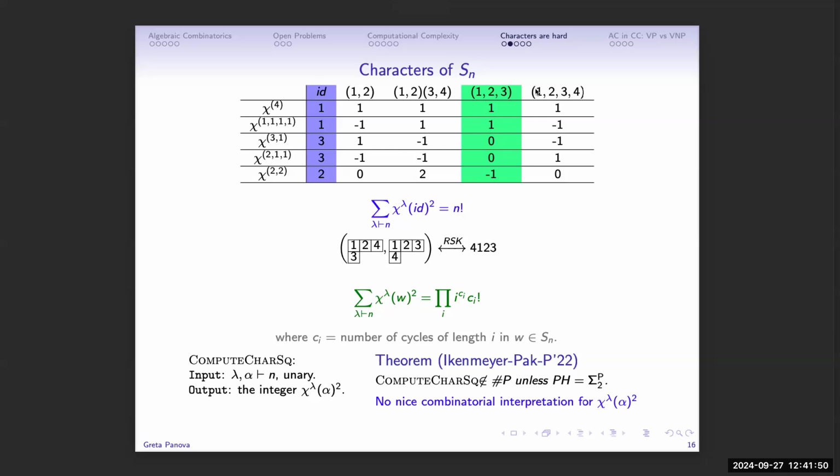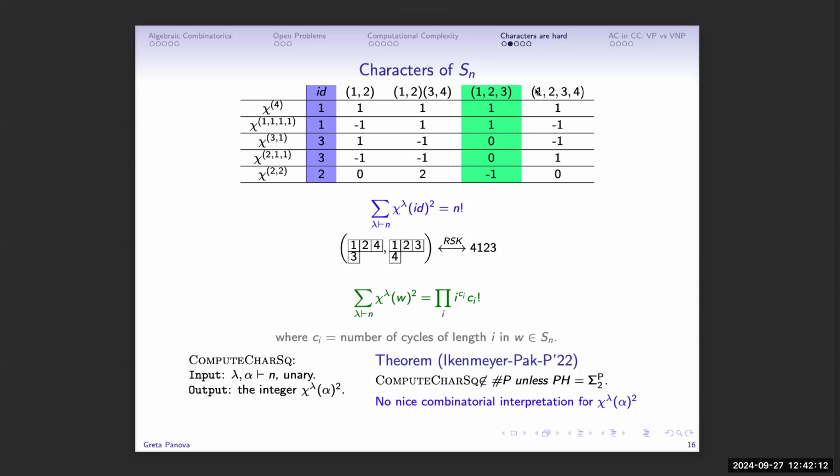And unfortunately, the character squared is not actually in sharp P, unless the polynomial hierarchy collapses to the second level, which is basically the next level in these types of iterations, so P not equal to NP, and then there is a next level.